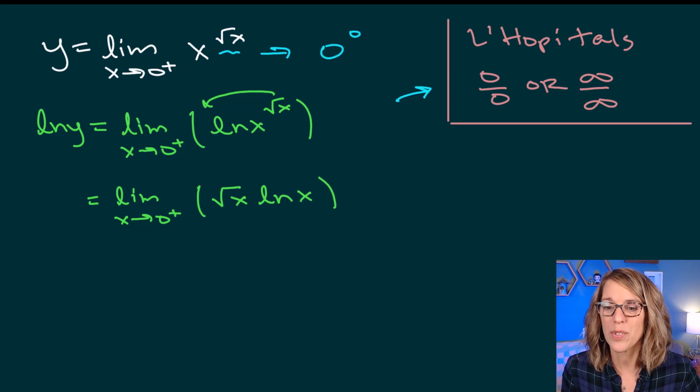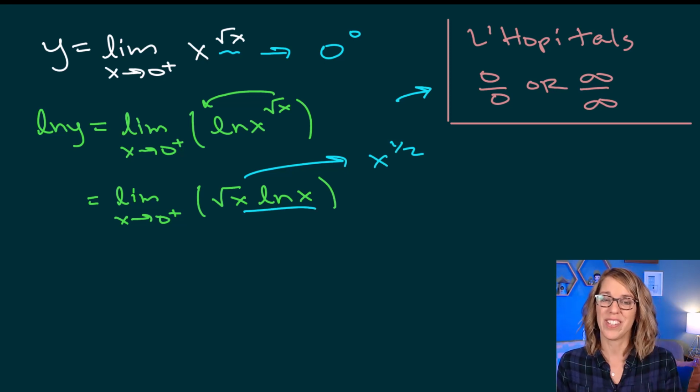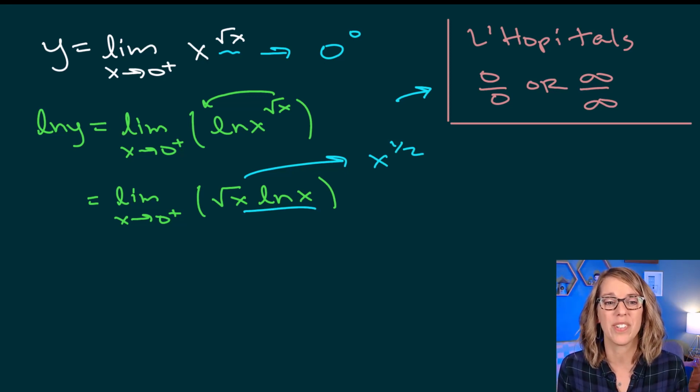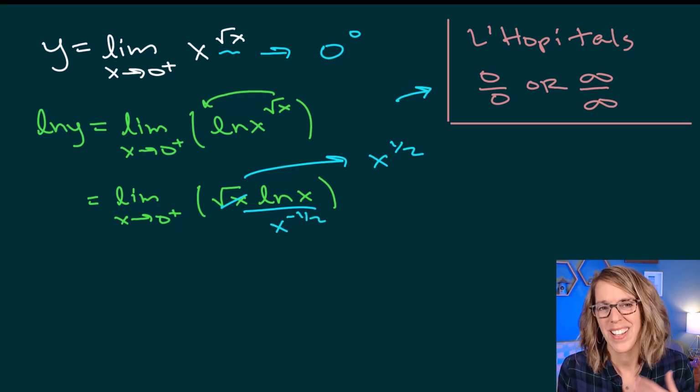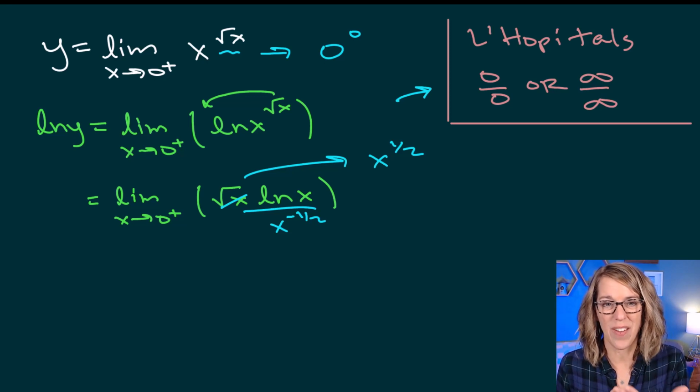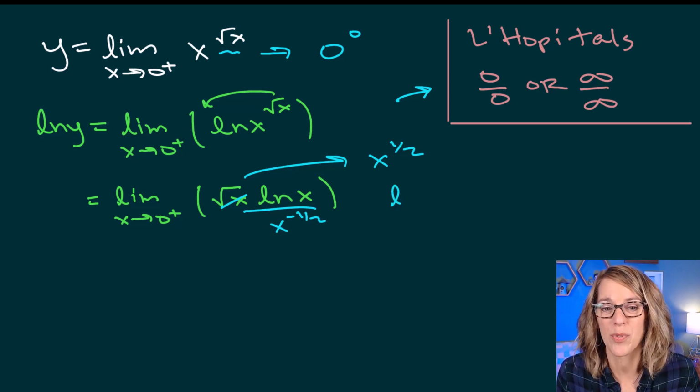Well, the square root of x is actually an x to a 1/2 power. If I want to put that into a denominator, I'm going to put it into a denominator as an x to the negative 1/2 power. As I test to see if this satisfies the condition of L'Hopital's rule, I want to think of this as the natural log of x over 1 over radical x.